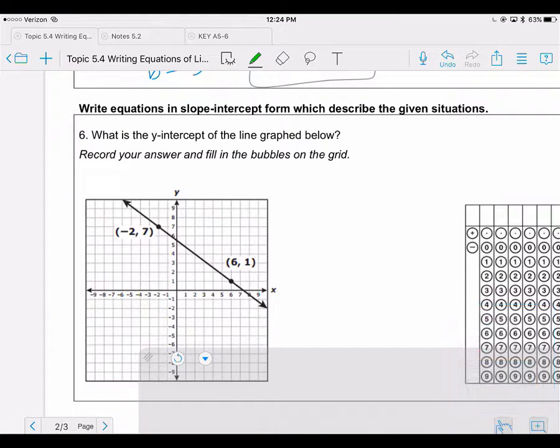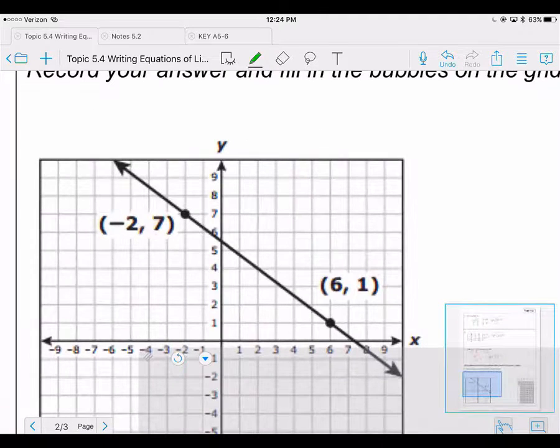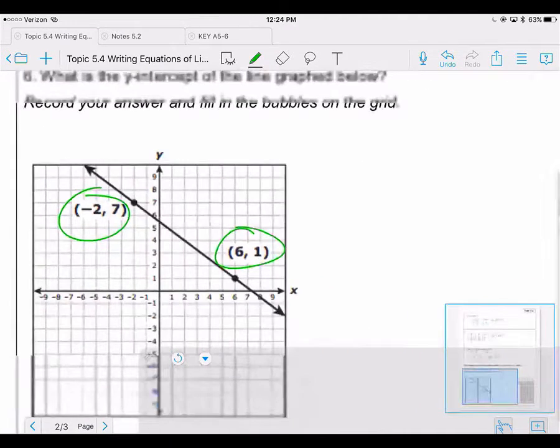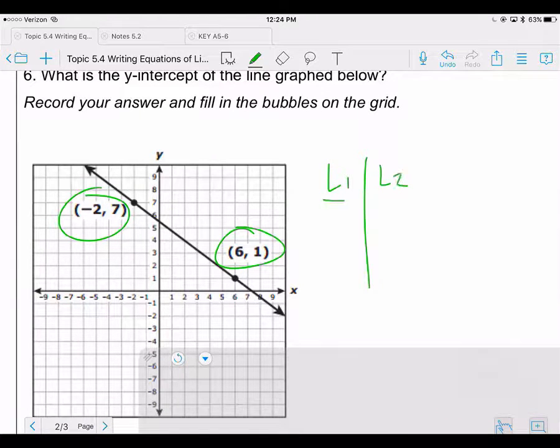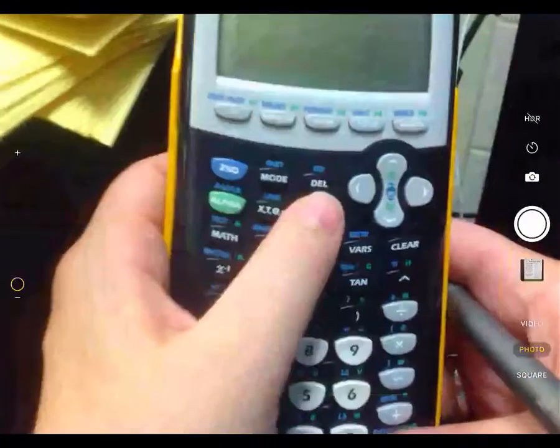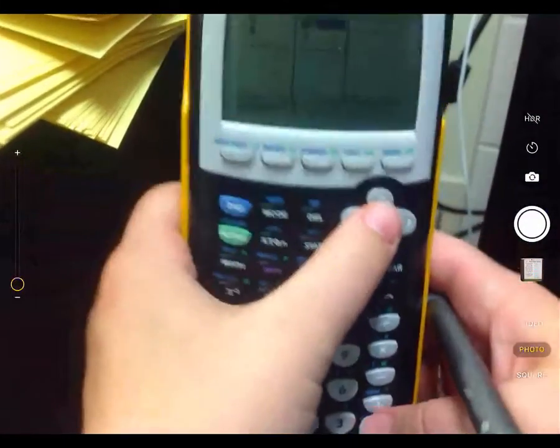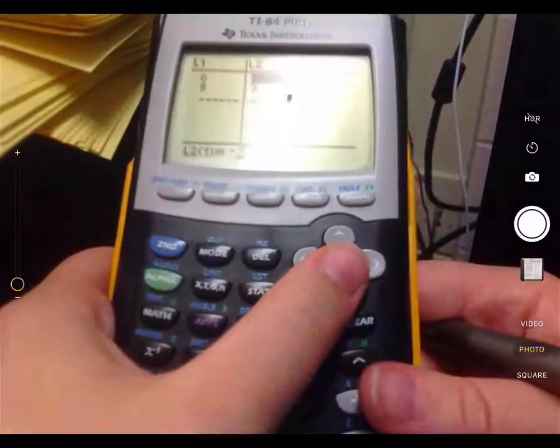Problem 6 asked me to find the y-intercept of the line graph below. Fill my answer in the bubbles on the grid. So I'm going to take these 2 points and put them in stat edit. So negative 2, 7, 6, 1. So if you remember earlier, I was telling you that when you go stat edit, you can clear out the list, or sometimes you can just type over it.